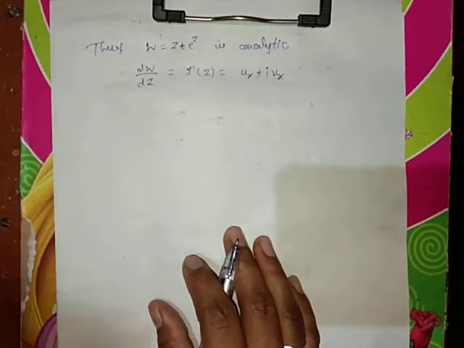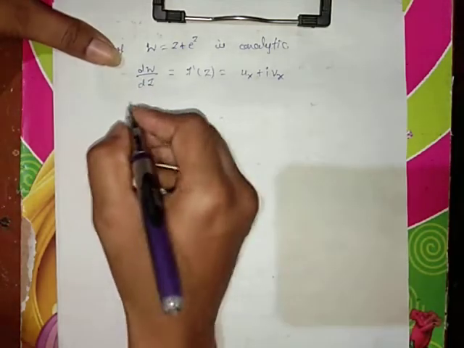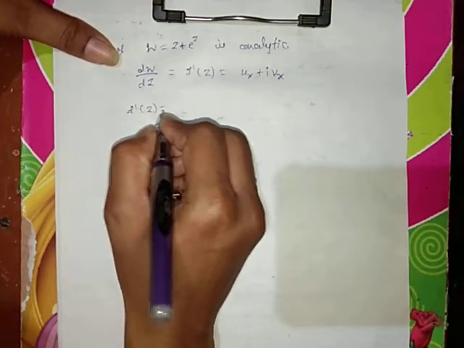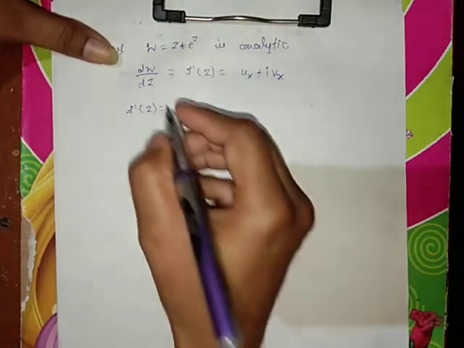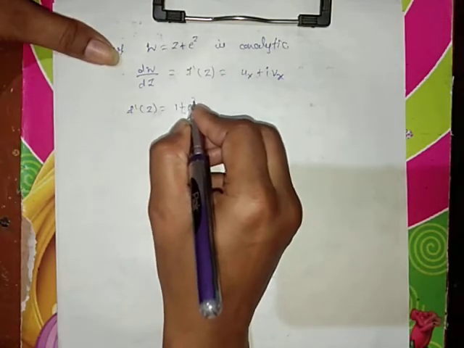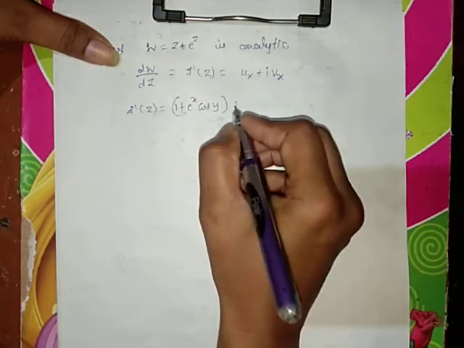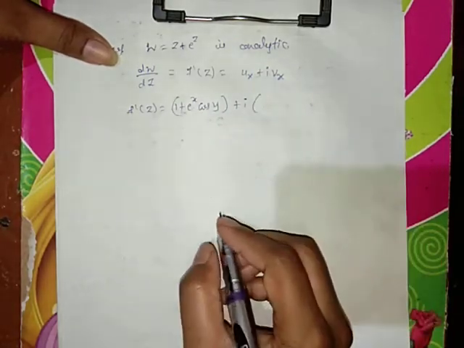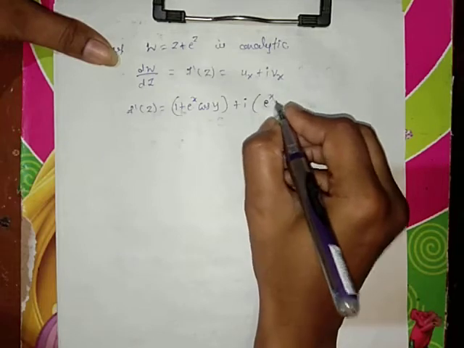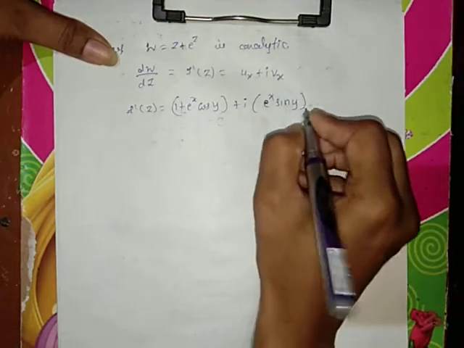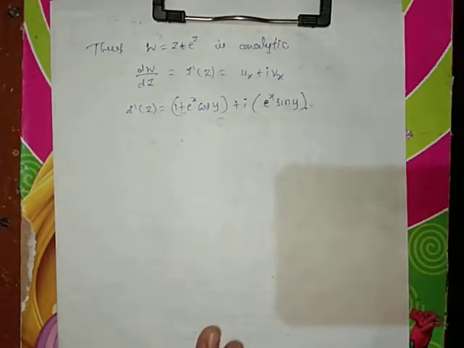So ux and vx we have already found, so f dash of z equal to ux equal to 1 plus e raised to x cos y, plus i into vx equal to e raised to x sin y.